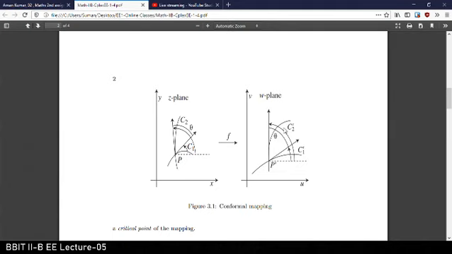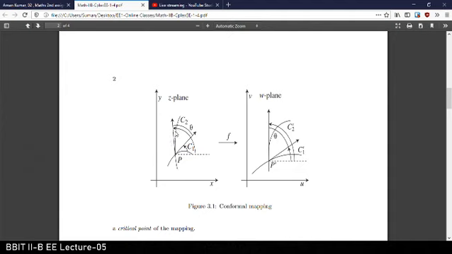The shape may be changed, some straight line may become curved, some curve may become a straight line, that is a possibility. But if there is any point of intersection between any two curves in this region, then the angle between the images of those two curves will be the same. That is the condition of conformal mapping.